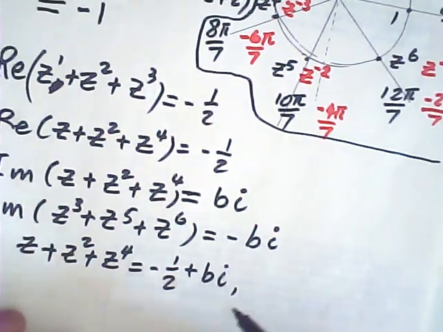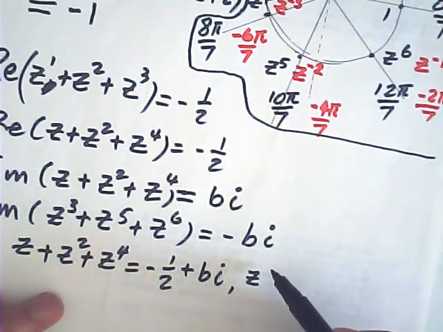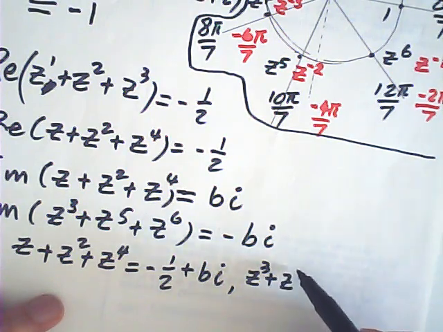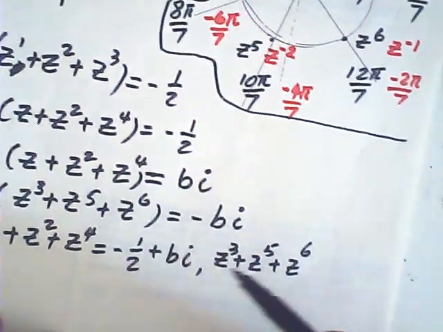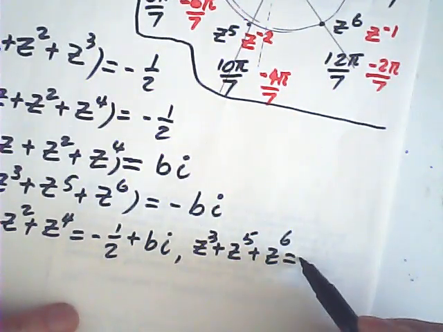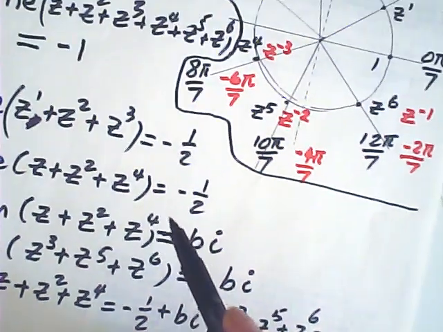Okay. And the remaining z3, z5, z6, the other three numbers, the imaginary part is a negative half.